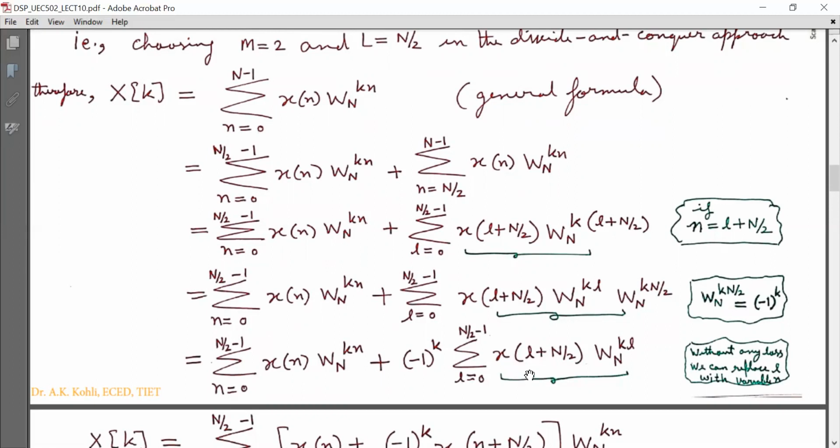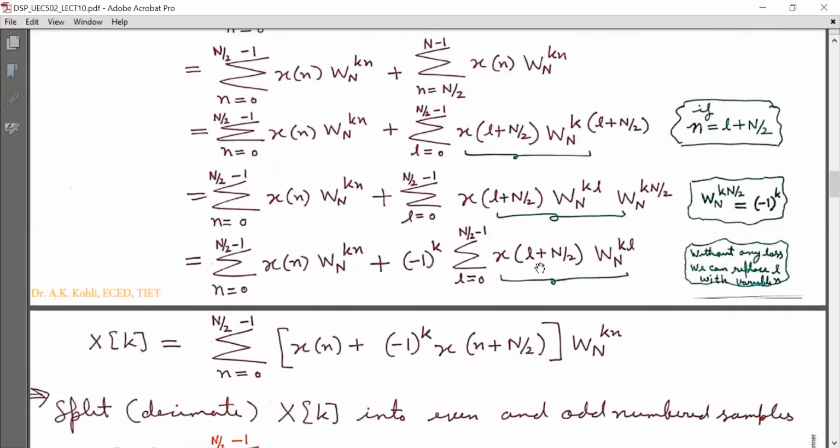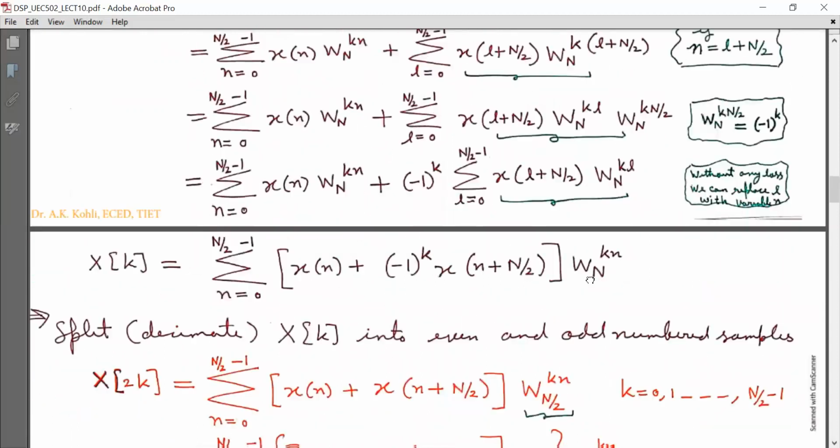Therefore, this gives me the opportunity to change the variable L with variable n without any loss. So in the next step, I will replace this L with n. This will give me Xk is equal to summation n running from 0 to N by 2 minus 1 bracket xn plus bracket minus 1 raised to power k x n plus N by 2 bracket closed W raised to power kn.